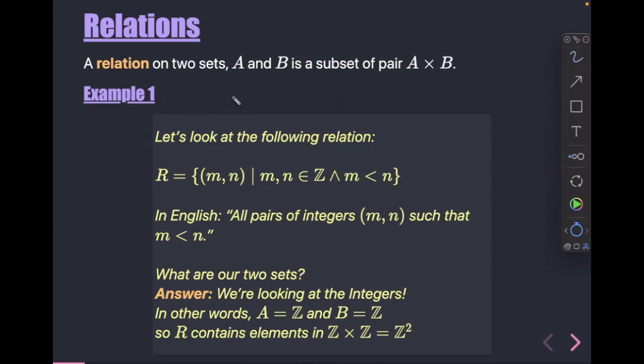So now I'm going to talk about them in a more formal way. The idea is a relation on two sets A and B is a subset of the Cartesian product of A and B, right? And what do I mean by that? Mostly, in this lesson we are going to be talking about relations on two sets. So we're going to have these tuples of size 2.